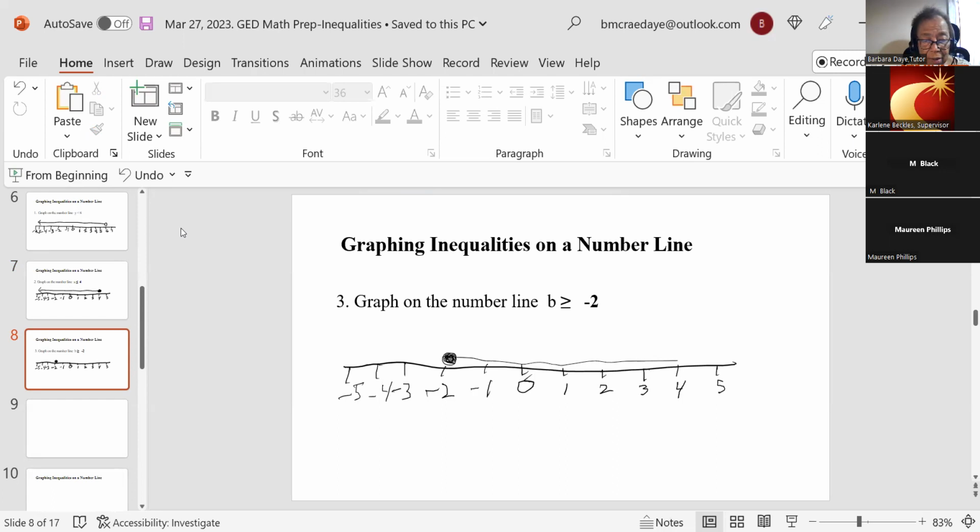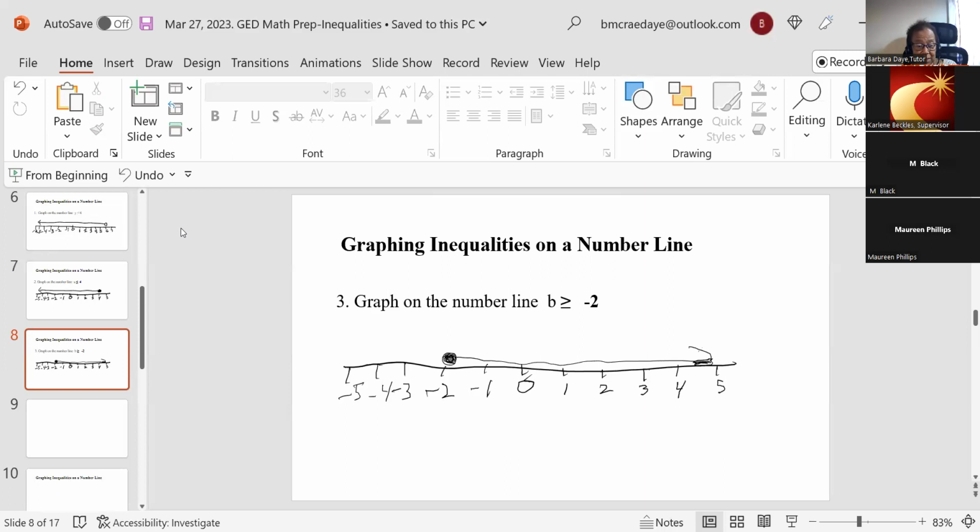Okay, there we go. So all B is greater than or equal to -2. All these numbers here are greater than or equal to -2, because if it's shaded, then it includes this -2 also, right? And all these numbers, -1, 0, 1, 2, 3, 4, 5, they are all greater than -2.